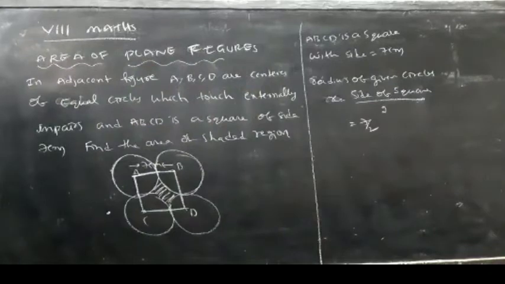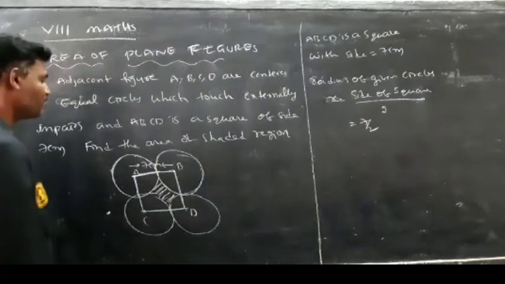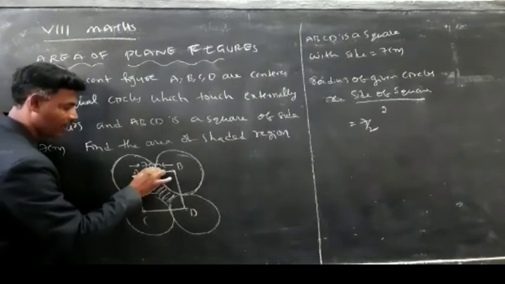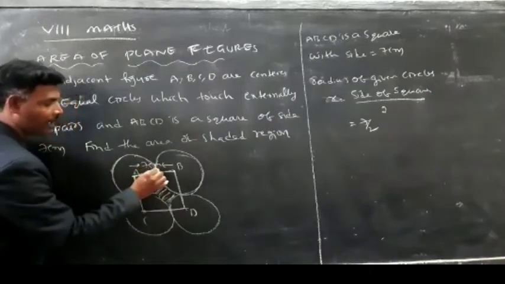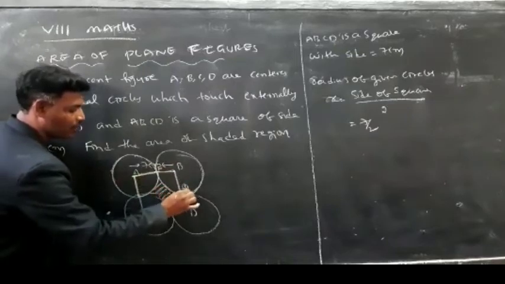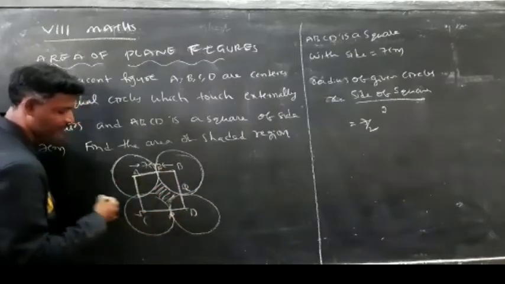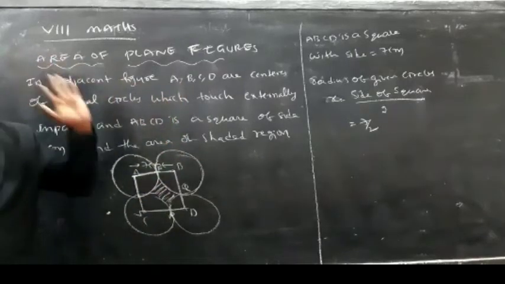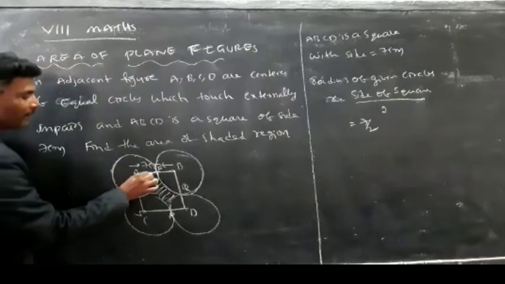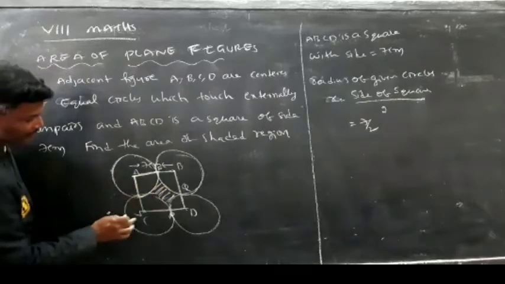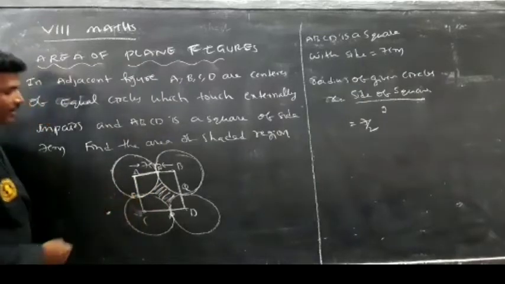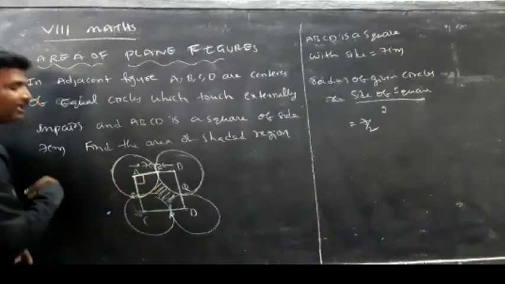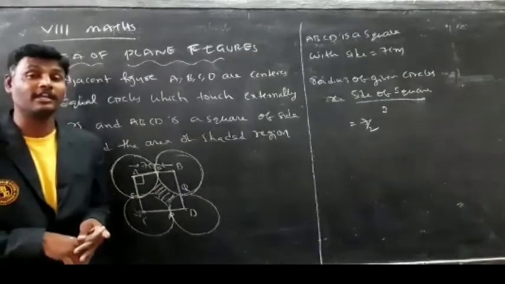Then here I am taking the touching points as P, Q, R and S. Here APS is a sector with angle 90 degrees. Why?